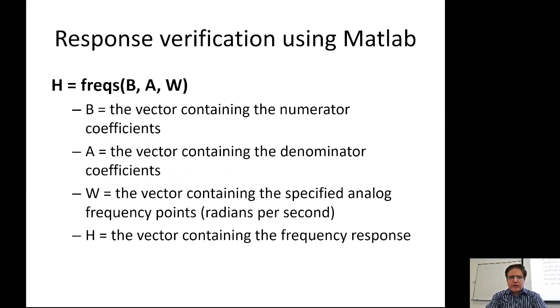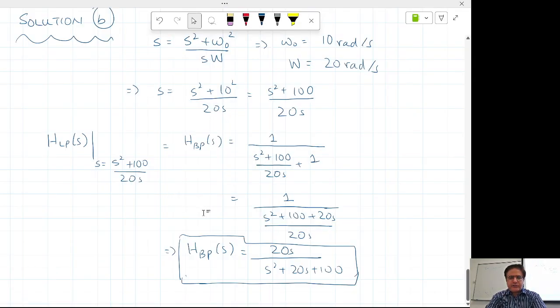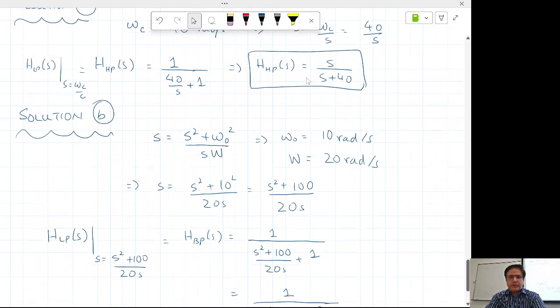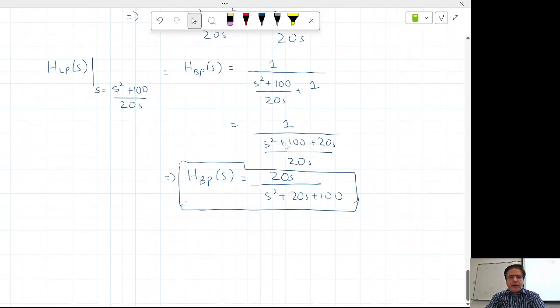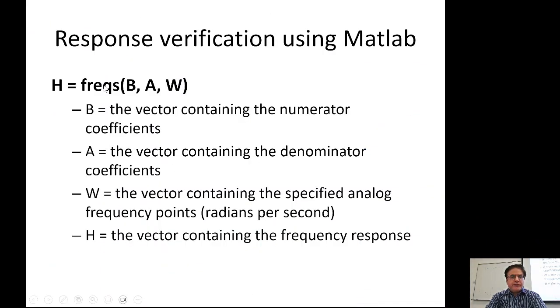Now, if you want to plot the frequency response for a filter with this transfer function, you can do that with the function freqs in MATLAB, where you plug in B, A, and W. B is the vector containing the numerator coefficients of the transfer function.